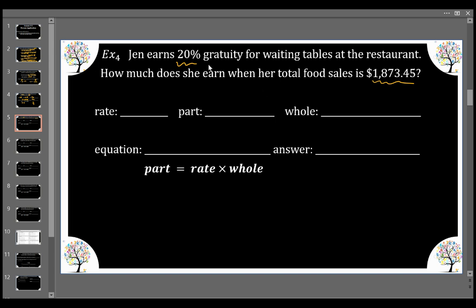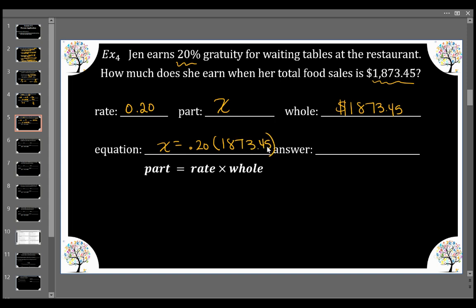She gets a gratuity or a commission of 20% of $1,873.45. The rate is going to be 0.20, and we're looking for the part, the percentage of the total sales. So our equation is part is equal to the rate times the total.